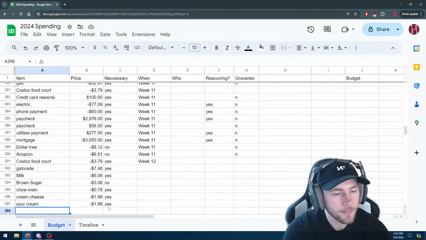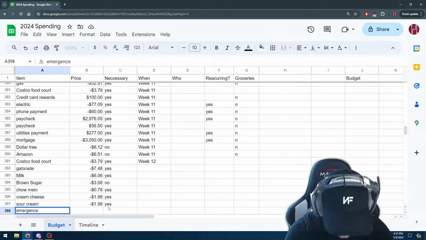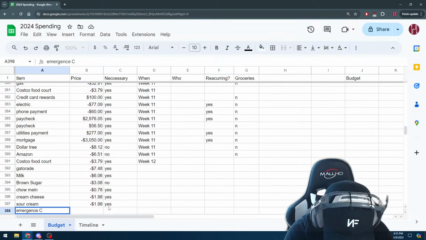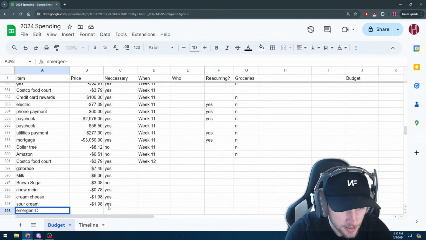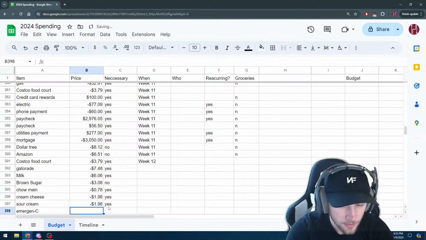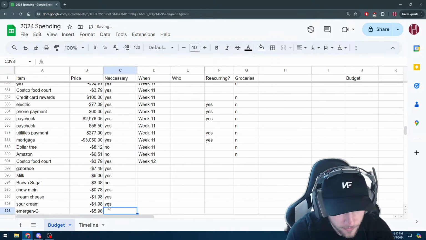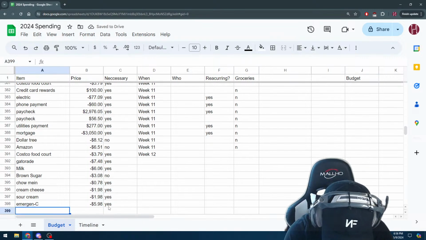Emergen-C. I think that's how it's said. Actually, it's Emergen-C. Vitamins. Minus 598. Say yes. We're sick, we need it.